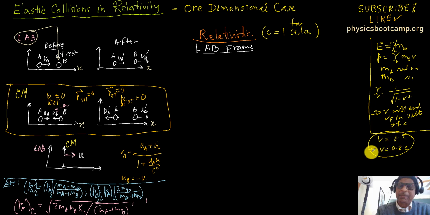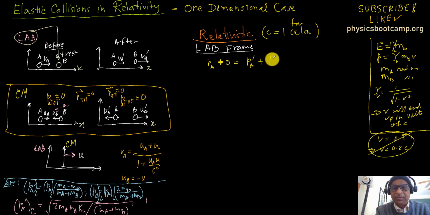Okay, so let's do the lab frame. In the lab frame, what do we have? We have P_A plus 0 must be equal to P_A prime plus P_B prime.